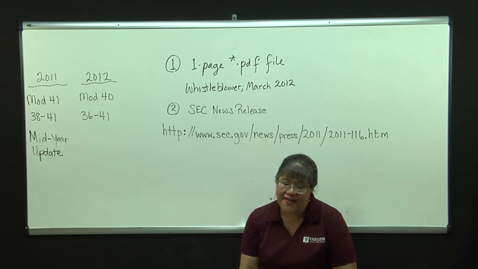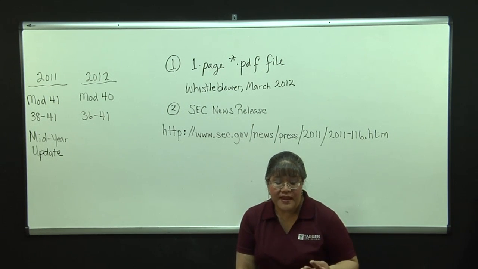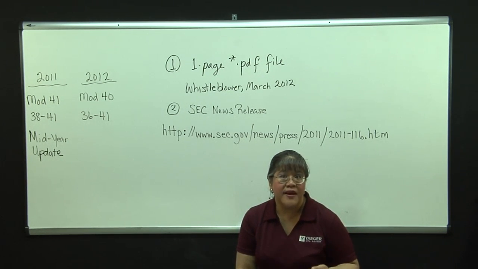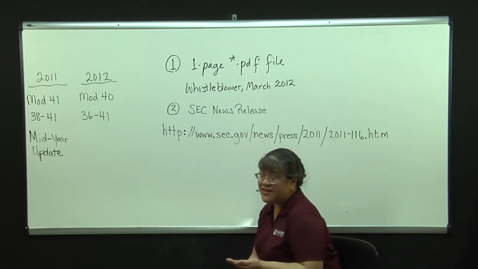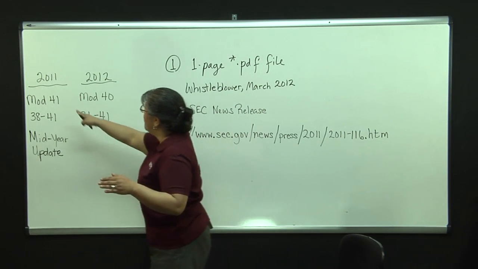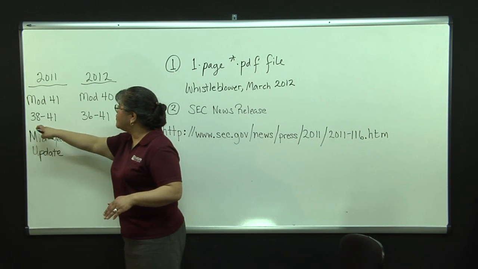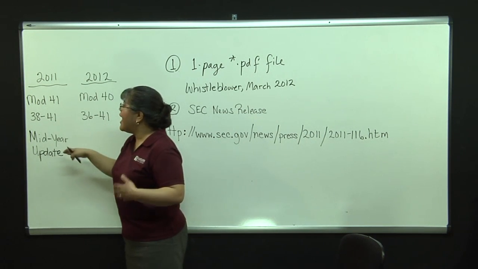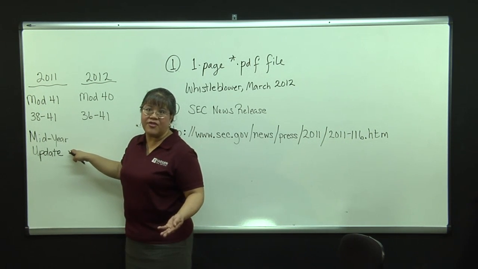Okay? Now, to give you some additional context in your textbook, I do believe that whistleblowers could be another type of monitoring device, a device for monitoring management's behavior. If you happen to have the 2011 Wiley textbook, the monitoring devices in the 2011 Wiley BEC textbook are discussed in Module 41 on pages 38 through 41, as well as in the handout we did for our mid-year update in 2011.